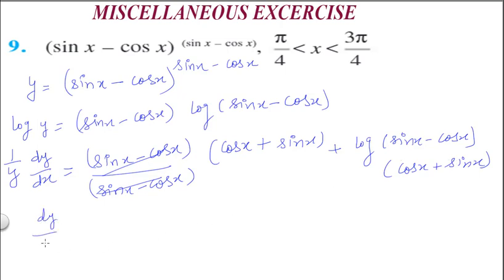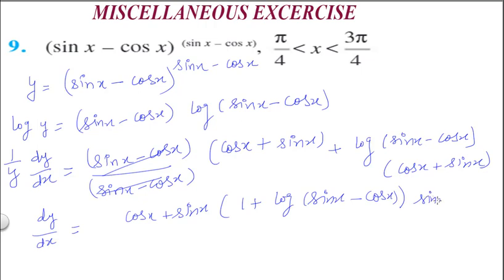Now dy by dx will be written as, by multiplying both sides of the equation with y, (cos x plus sin x), we can take common in this, and we have 1 plus log of (sin x minus cos x), into y. Y value is (sin x minus cos x) and in the power we have (sin x minus cos x) only. Clear?